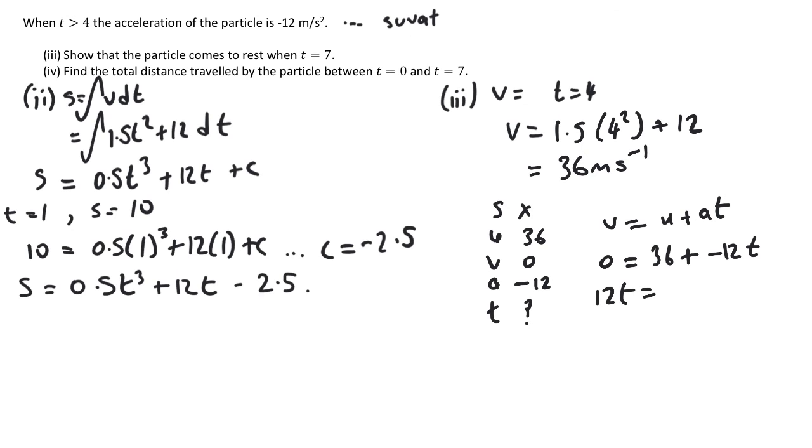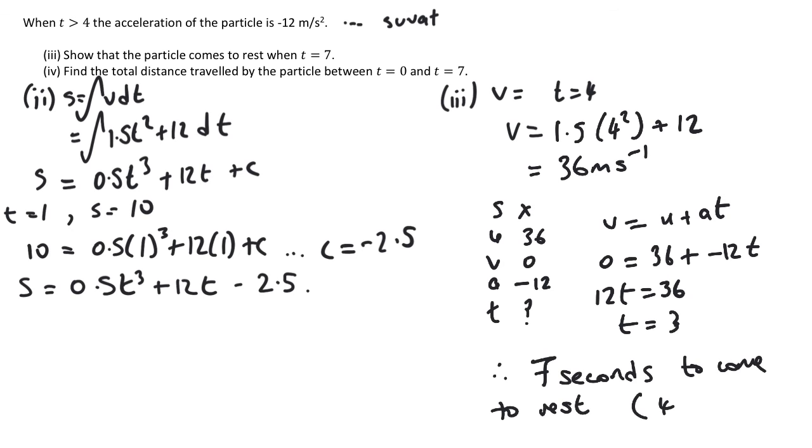So 12t is 36, so t is 3. So what that tells us is that it takes 3 seconds to come to rest. But we started at t equals 4. Therefore, it takes 7 seconds to come to rest, and that's from the 4 and the 3.